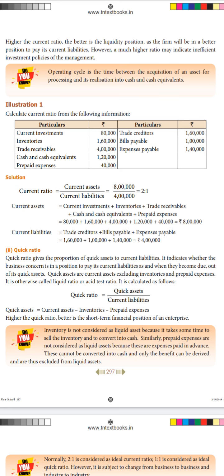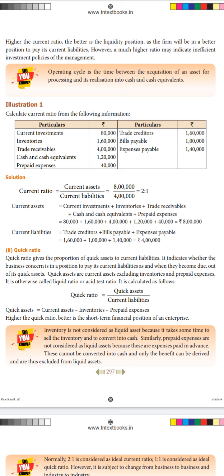So this will give you the quick assets. It indicates whether the business concern is in a position to pay off its current liabilities as and when they become due out of its quick assets.